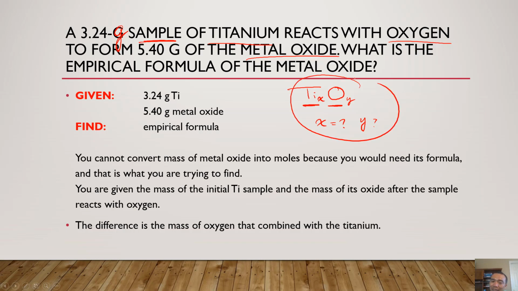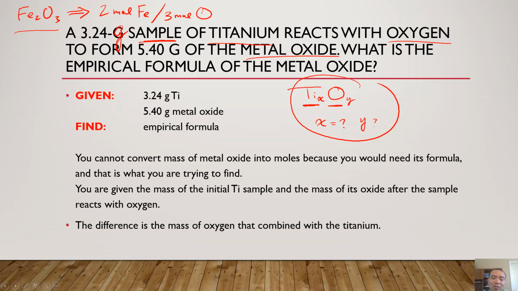But how do we do the calculation? We need to calculate the mole ratio. So for example, if I go forward, if I know the formula, I can go backward. For this 1 mole of Fe2O3, I know you have 2 moles of iron and 3 moles of oxygen atoms.